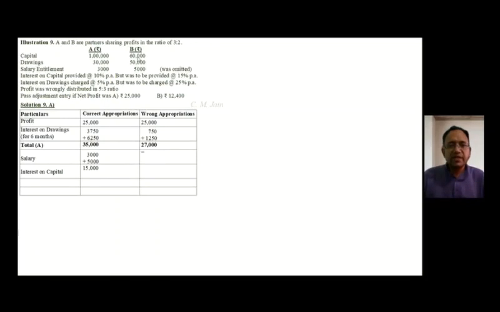And in case of B, 15% of 60,000. 10% of 60,000 is 6,000. Add half more of that, that is 3,000. So 15% of 60,000 comes to rupees 9,000.